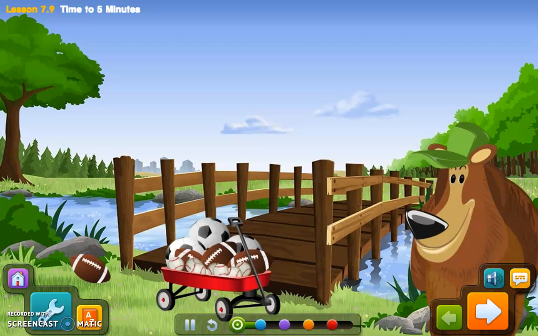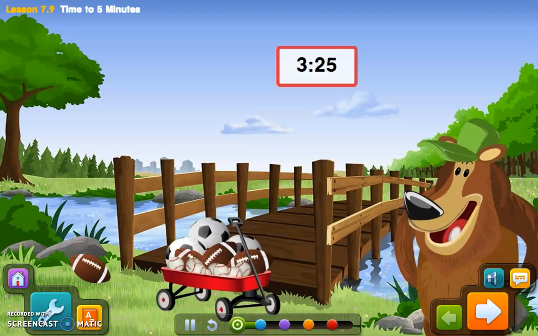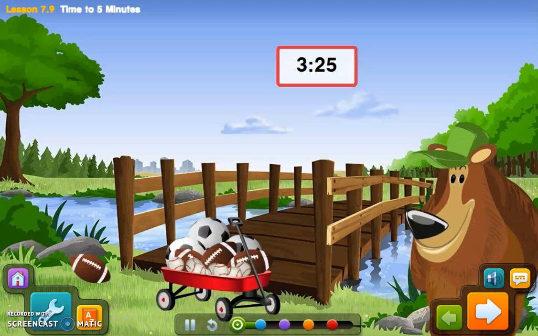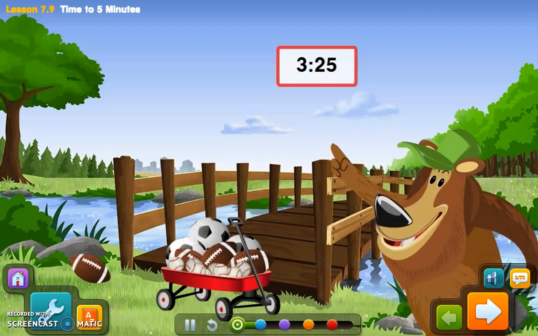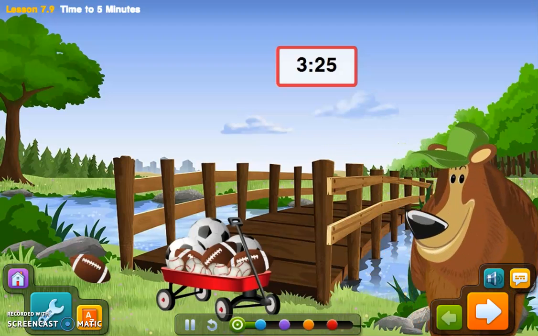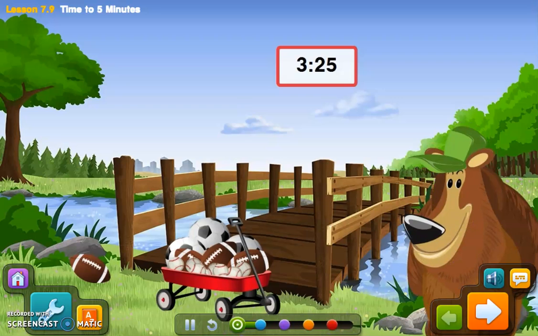Everyone is supposed to meet at the bridge at 3:25. I don't see the kite anymore. Maybe everyone is on the way here. I wish I knew how to tell time. Counting by fives may have something to do with it. Can you help me? Come on, let's find a clock.